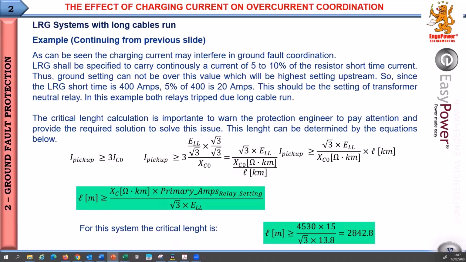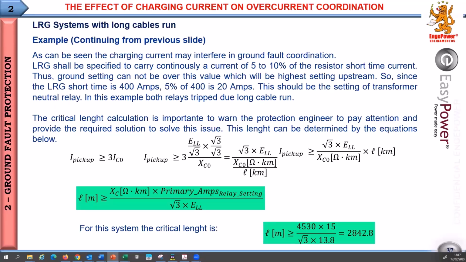So there's a way to warn you if the cable length is relevant or not. I demonstrated it in a paper I wrote. The equation is this one here: XC of the cable parameters data times the primary amps setting of the relay, divided by square root of 3 and line-to-line voltage.